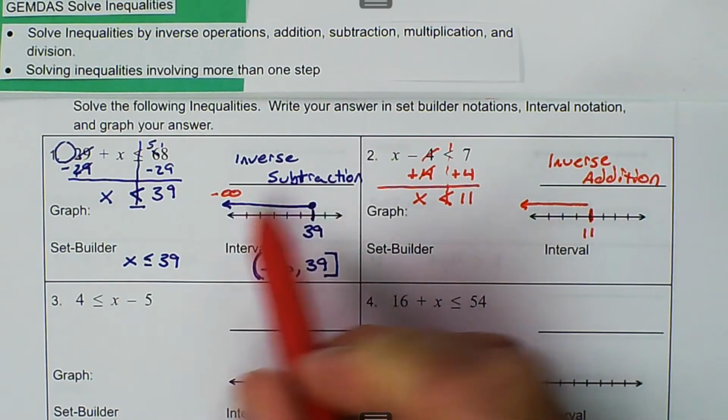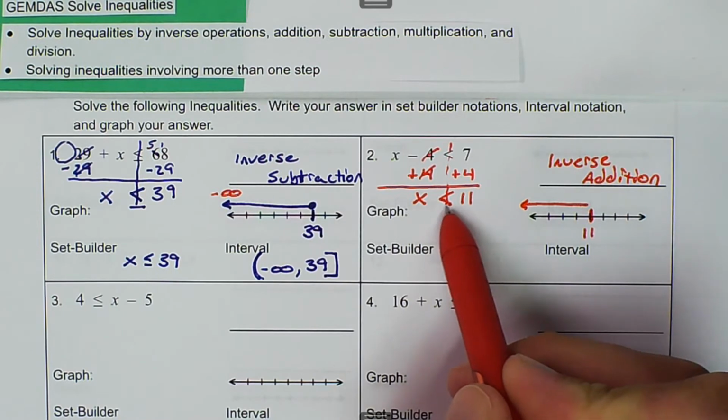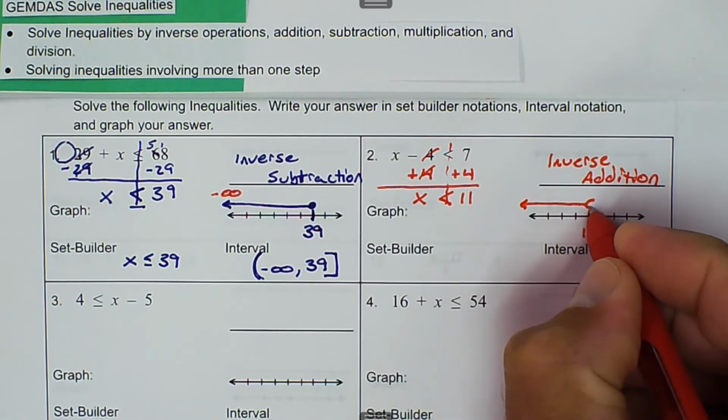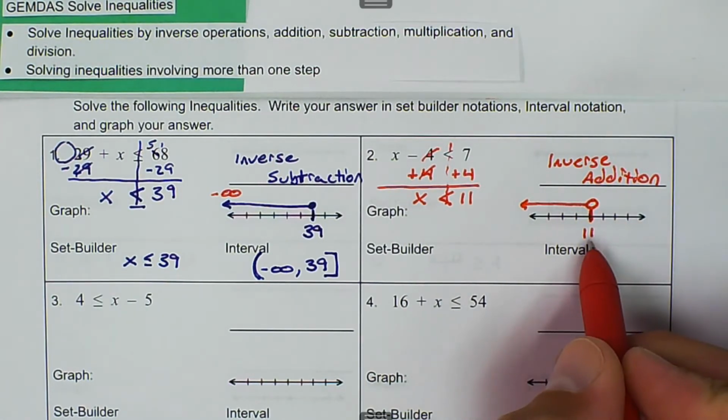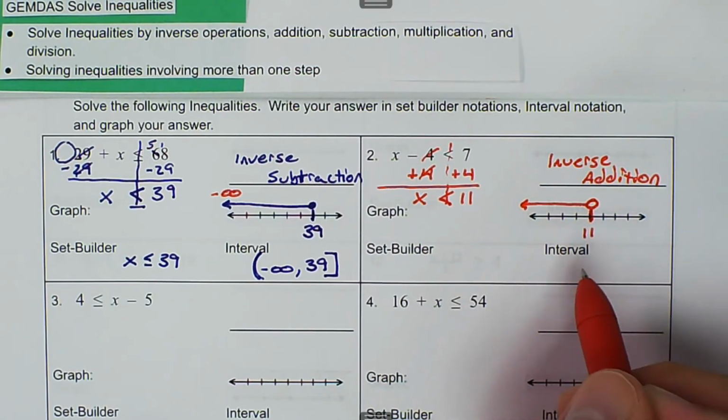Here we used a closed dot because we had the equal to sign underneath. We are missing the equal to sign underneath here, so we're going to use an open dot. So 11 is not included, but 10.9999999 is included. So that's what that dot represents.